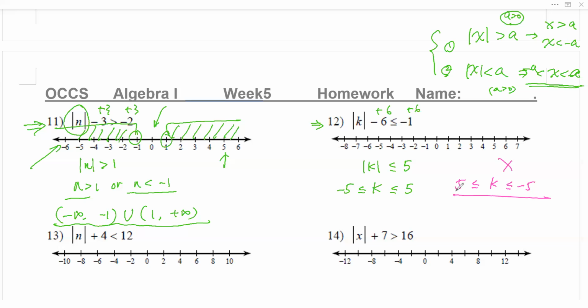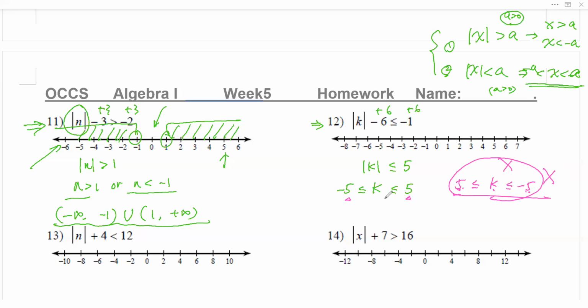This is wrong, right? Because the bigger one is the right part, the smaller one is the left part. -5 cannot be bigger than 5. So don't flip over. Do you see the difference between these two? Be careful, this is wrong, all right?